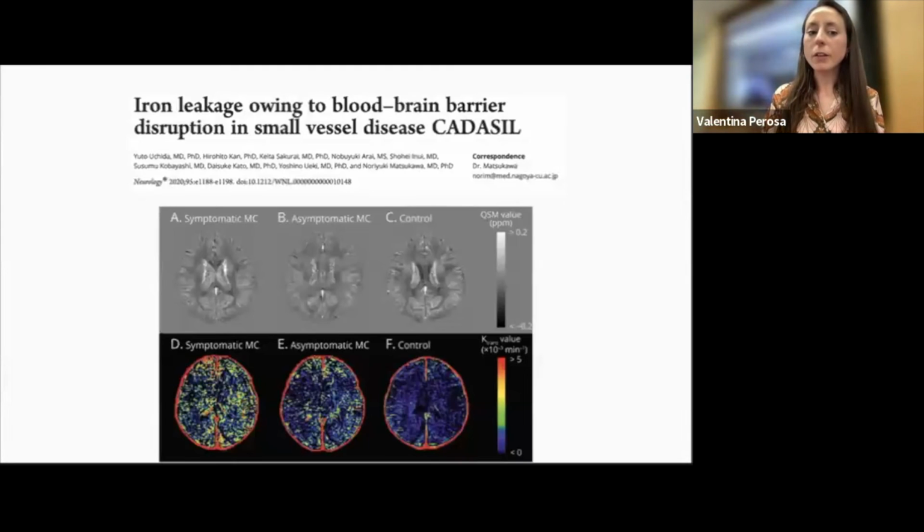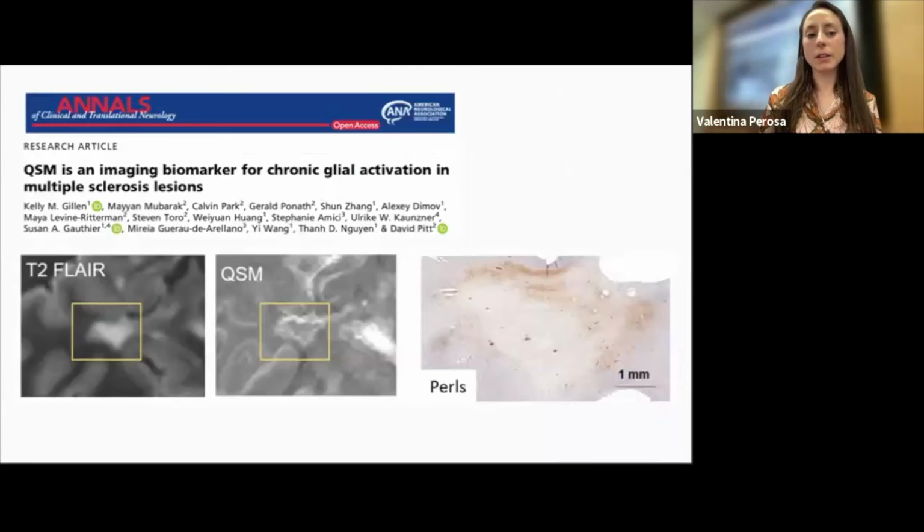There was one study that looked at QSM and compared it to DCE MRI, which is a kind of MRI that uses contrast agent to actually quantify blood-brain barrier leakage. There is pretty solid evidence that that's reliable, and QSM was related to this DCE MRI. So I got intrigued by this idea. Another study that I found very interesting also looked at QSM, but this time ex vivo, in formalin-fixed brain samples.